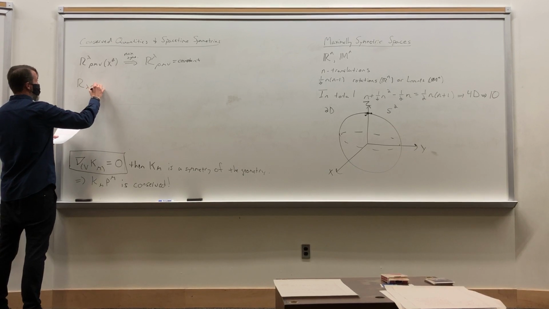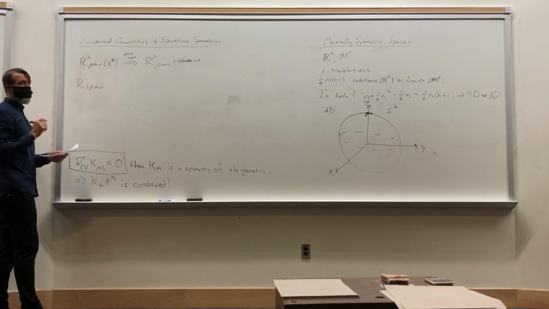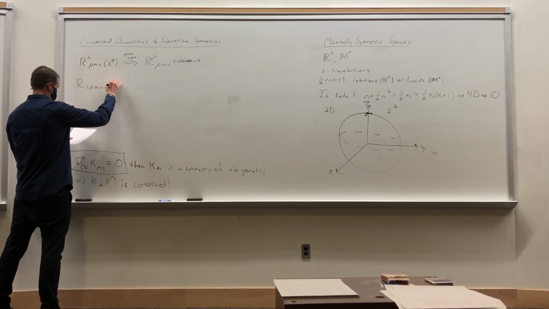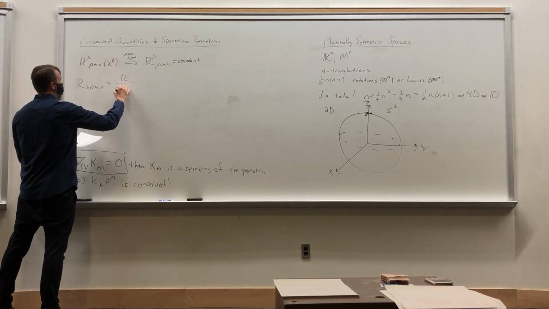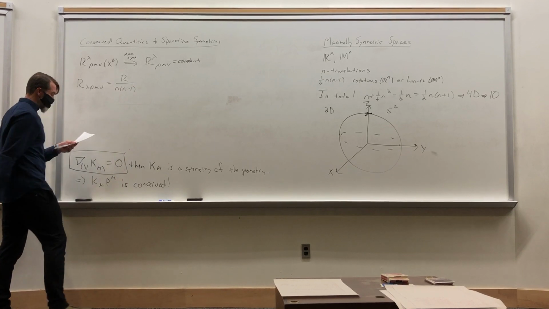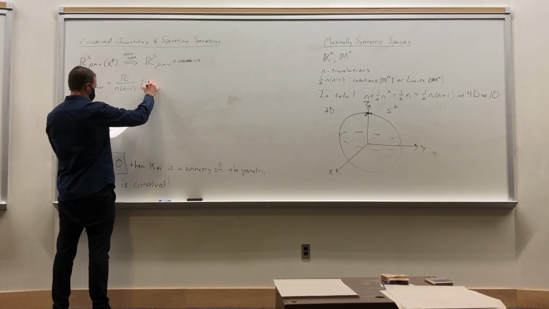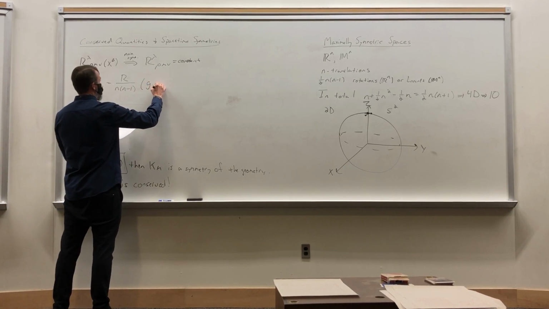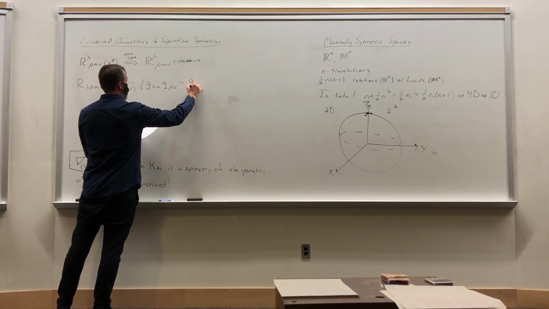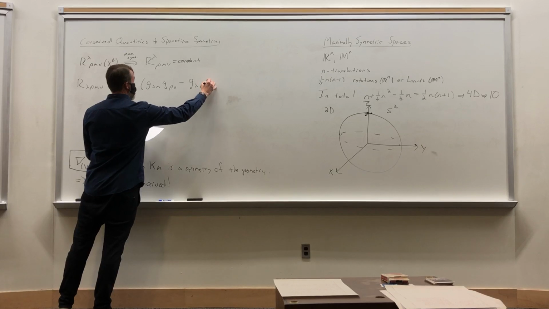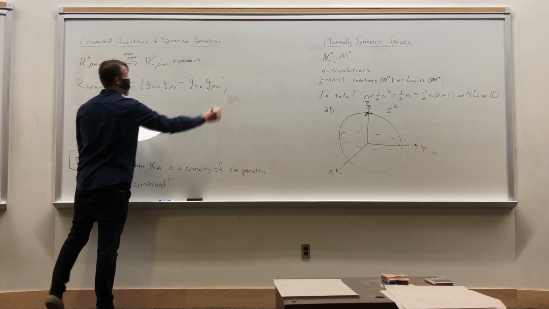R lambda rho mu nu, this is just dropping the first index using a factor of the metric, is equal to the Ricci scalar over n times n minus 1, where n is the dimension of the space, or space-time, times g lambda mu, g rho nu, minus g lambda nu, g rho mu.